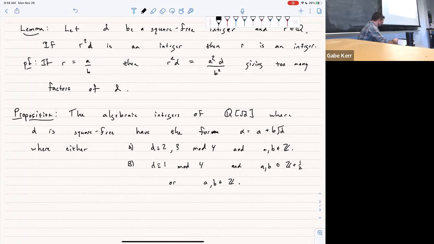And the comment is that the algebraic integers, which is the thing we want to study, form a ring.